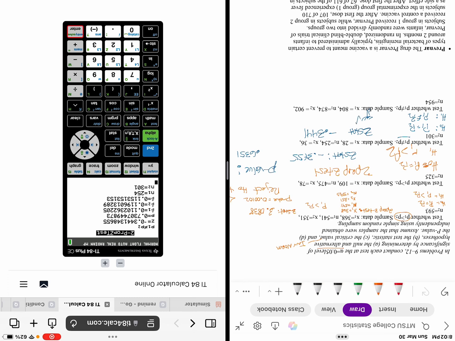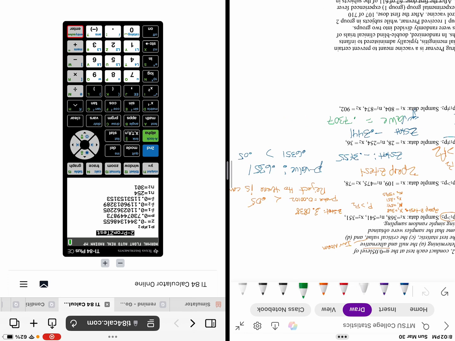Apologies with my pen. My p-value is 0.7307. So that is greater than 0.05, so we would fail to reject.